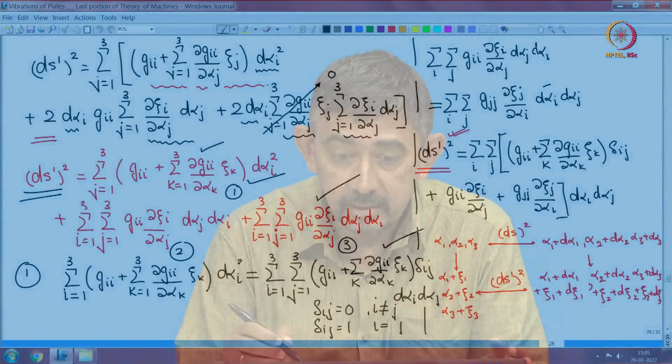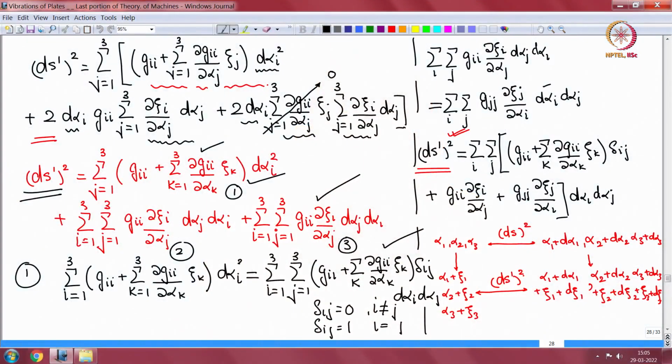Somewhere down the derivation we had this term here, ds dash squared, which was equal to the sum of these terms, of which I dropped this term and I said this is a differential, this is a differential, this is a differential, this is a product of three differentials, whereas this was a product of two differentials.